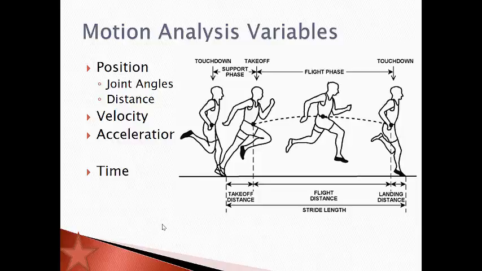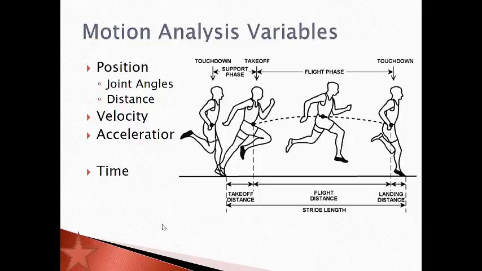So the angle of the ankle at impact, which directly relates to the angle of the knee, has been in some bodies of literature linked with decreased risk of injury, and is commonly seen in middle to long distance runners. But if you think about a sprinter, they're also very much up on their toes. So someone will definitely land with a different ankle and knee angle if they're running faster.